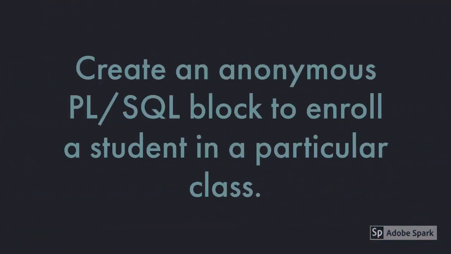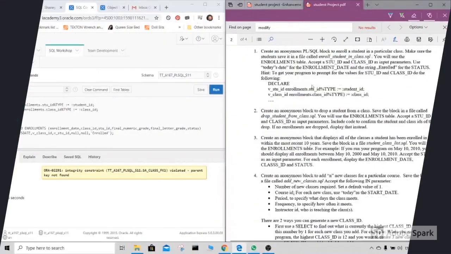The following shows an anonymous PL/SQL block that enrolls a student in a particular class. It uses the enrollment table and accepts a student ID and class ID as input parameters. It uses today's date for the enrollment date and the string enrolled for the status.